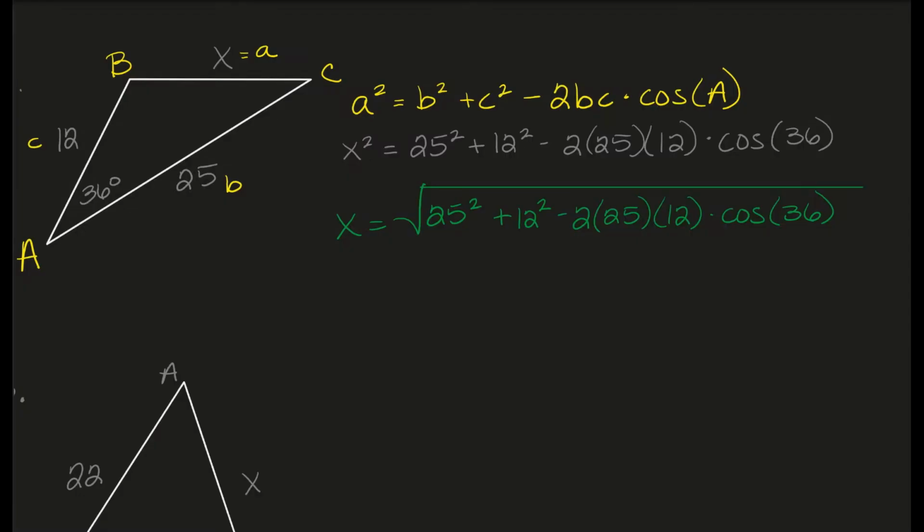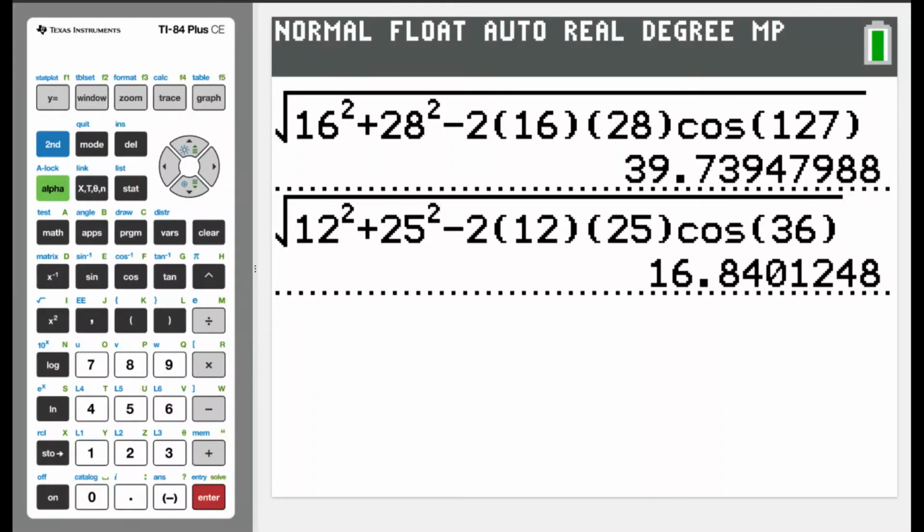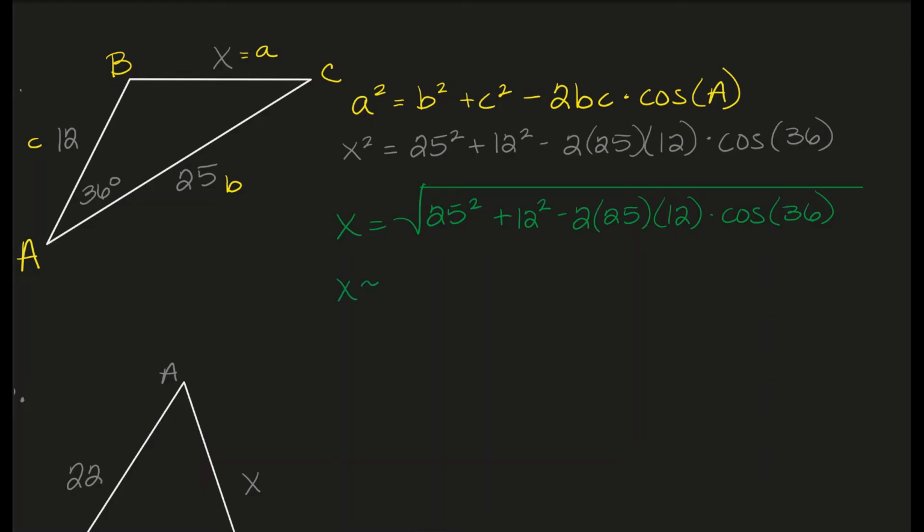Now you'll notice that here in our notes, I did 25 squared plus 12 squared. Remember that addition is commutative. It really doesn't matter in what order you add these. It's the same over here when you have 2 times b times c. Multiplication is also commutative. You're going to get the same product when you multiply these. So how you type them in the calculator doesn't really matter. So our answer, x, is going to be approximately 16.8.